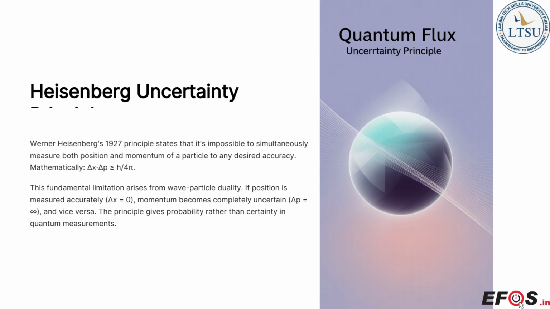This limitation is a direct consequence of wave-particle duality. If we try to pinpoint the position precisely, the momentum becomes completely uncertain, and vice versa. The principle replaces the certainty of classical mechanics with the language of probability in quantum measurements.